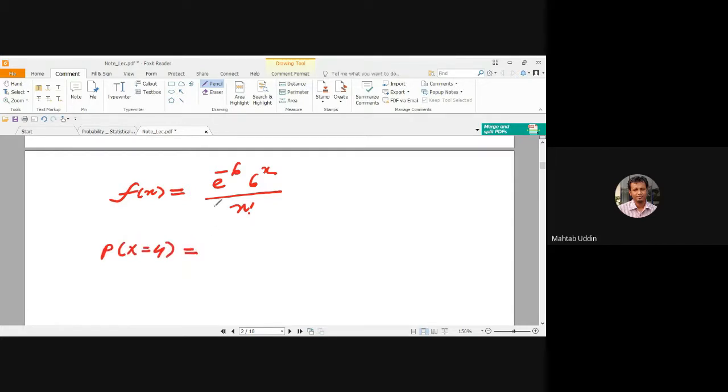What is x equal to 4? e to the power minus 6, 6 to the power 4 by 4 factorial. After calculation, we get 0.1338. Do you understand? Yes, sir.